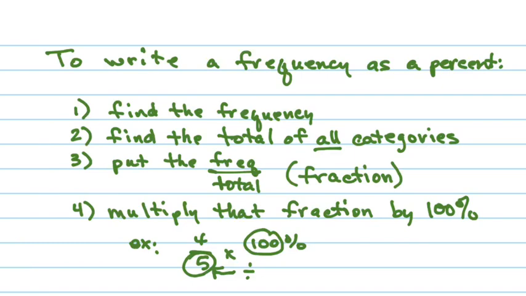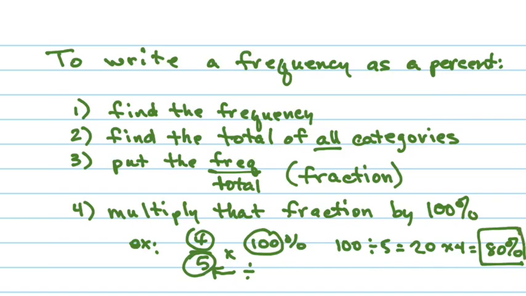So it's 100 divided by 5 equals 20. And then multiply that times the top, times the 4 gives me 80. And of course, we have to make sure we have the percent symbol. So 4 out of 5 becomes 80%.